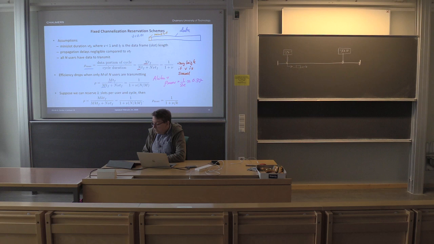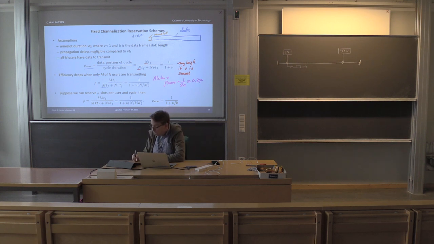So what we can do in that case is, if the blue users, the users which actually are using the medium, have a lot of data to transmit, then they can maybe transmit several frames in a shot. Not only one frame, but suppose they can transmit k frames in a row. Then the data duration is m times TF as it was before, but also multiplied by k, where k is the number of consecutive frames one single user can transmit.